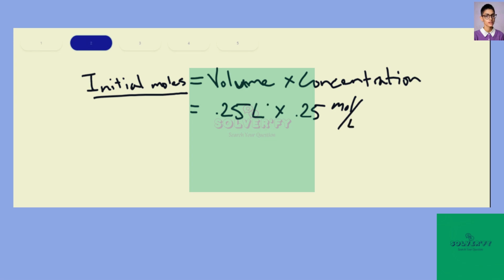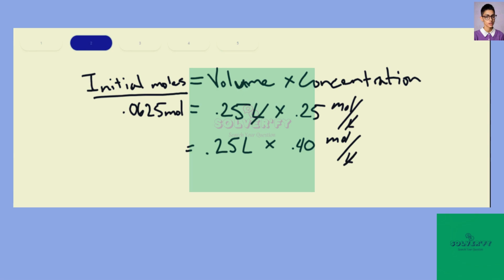The liters will cancel out, and the answer we get is 0.0625 moles. Now for the base, we take the initial volume, which is 0.25 liters, and multiply it by the concentration, which is 0.4 moles per liter. Again, the liters cancel out, and the answer we get is 0.1 mole.